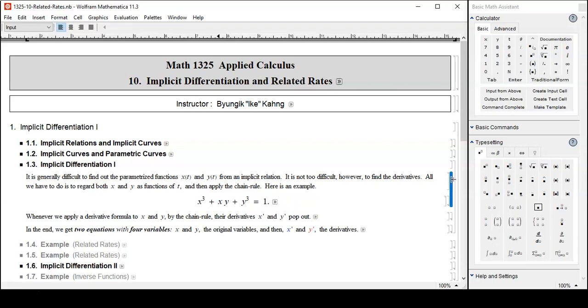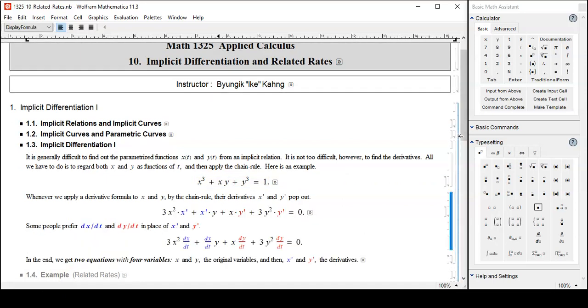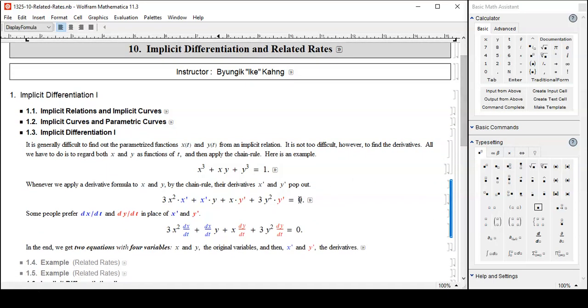So what is implicit differentiation? We begin with a relation between x and y. Of course, I could have selected other characters if I wanted. Okay, one relation, and then we get the second relation by taking the derivatives implicitly. You can do it either this way, using French notation, primes, or like that, using German notation, dx dt or dy dt.